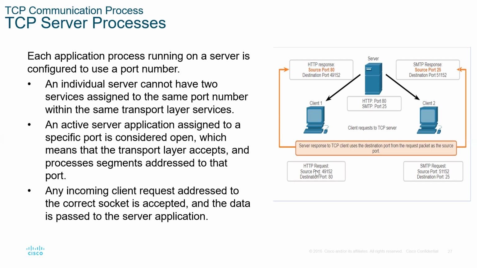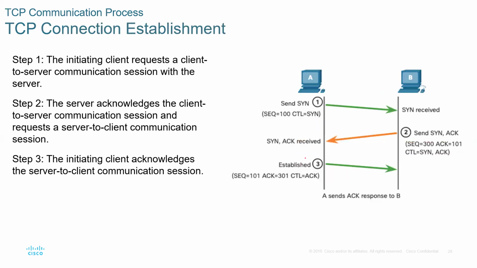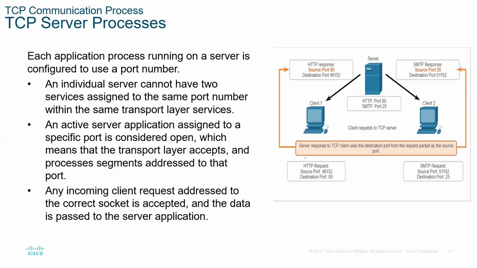Right here, you can see our source port and destination ports. This is for the HTTP request. Like I had mentioned, the destination port identifies the application you are using. If you are using HTTP, the destination port shows up as 80. Then this one, the source port, is a randomly generated, temporary port number.